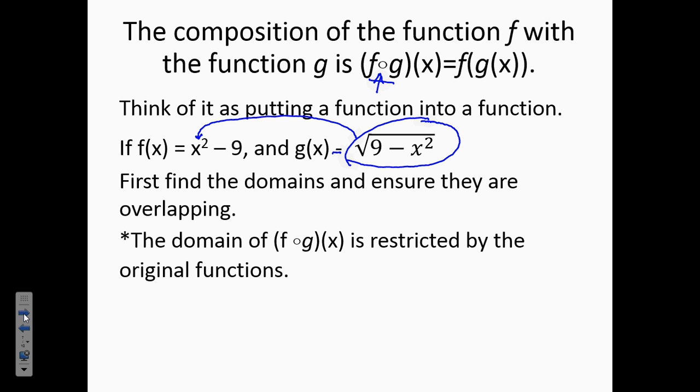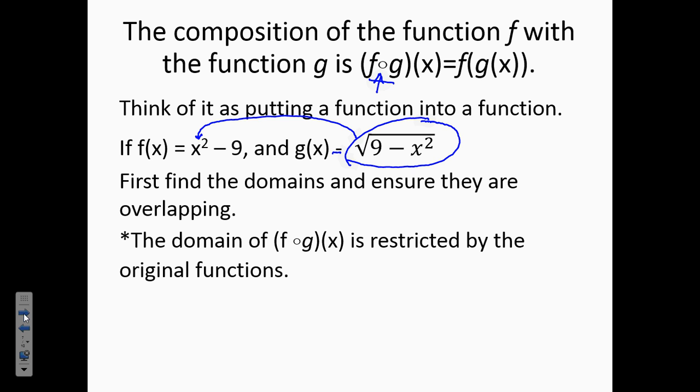What is this function? What kind of parent function does it have? X squared is a parabola shifted 9 units down because it's not within the parentheses.